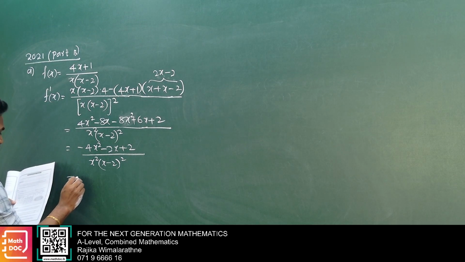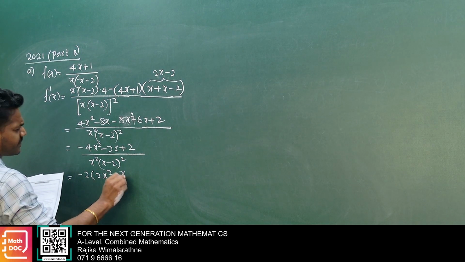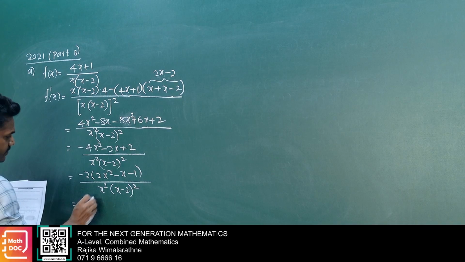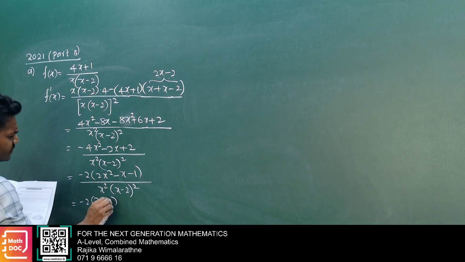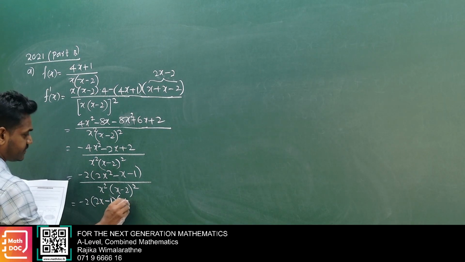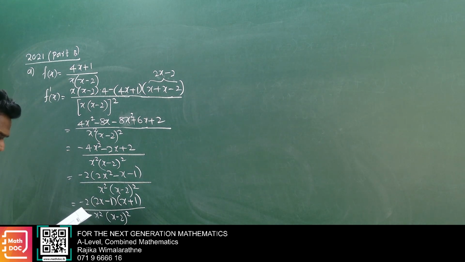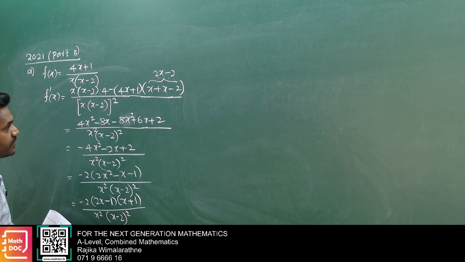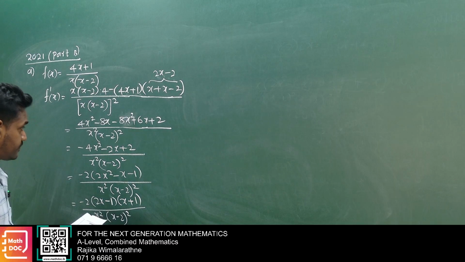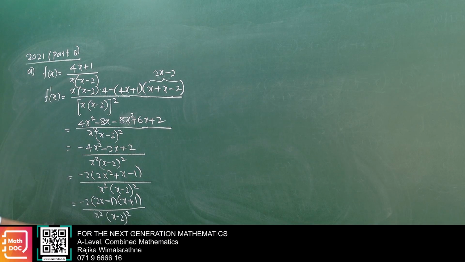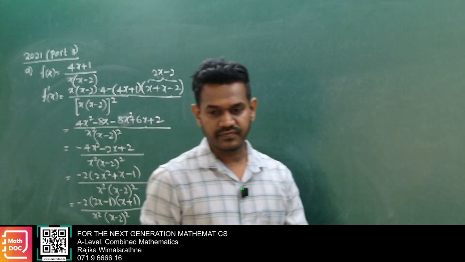Then take minus 2 outside and further factorize: 2x squared plus x minus 1 gives (2x minus 1)(x plus 1). So f dash x is minus 2(2x minus 1)(x plus 1) over x squared (x minus 2) squared. Now it is okay. That is the derivative.